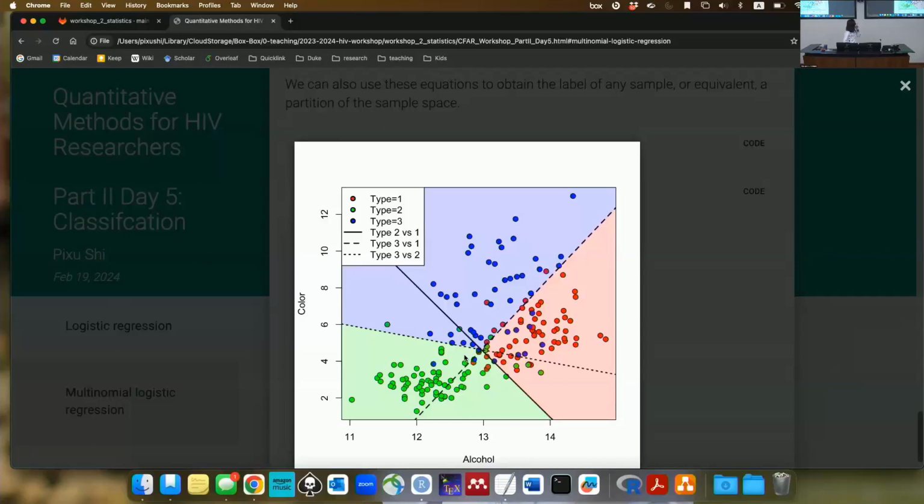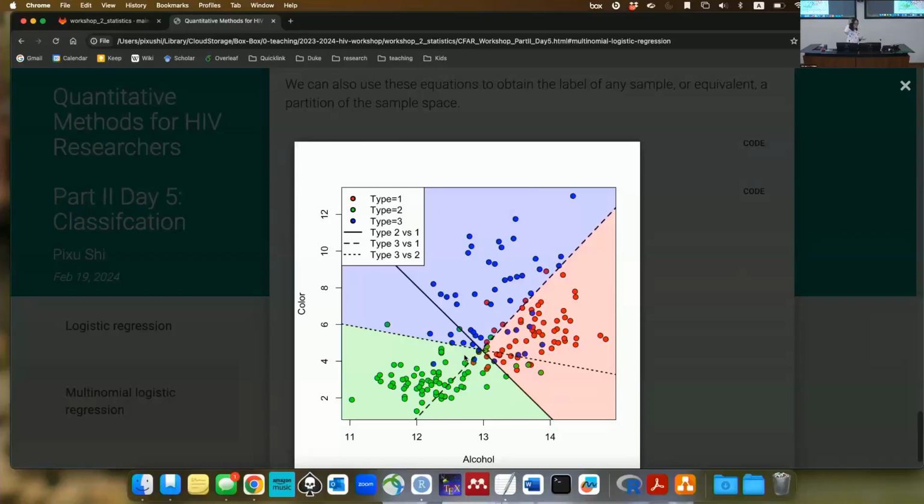So this is one way of doing multinomial classification. Here, the types 1, 2, 3 don't have an order. In some other situations, you may have a natural order, like your response is a cancer outcome that is stable, progressive, or clear. I think they have three labels: getting worse, getting better, and stable.